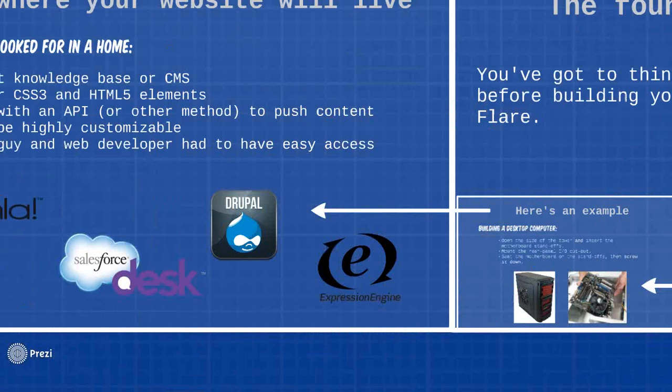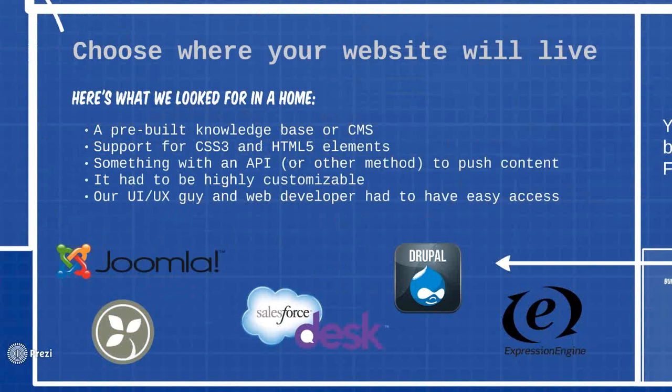So now that you've got the web-first state of mind, and you have your team and you know what you want to do with your content, you need to find a place where it's going to live. We did this before we even built the entire Flare project. We had a general idea of where our content was going to live. This is important because where your content is going to live will dictate how you set up your Flare project.